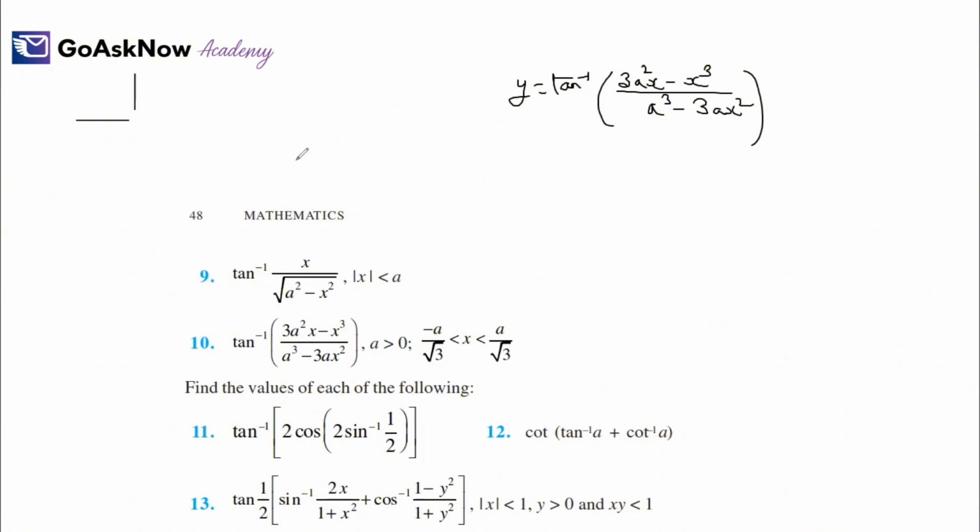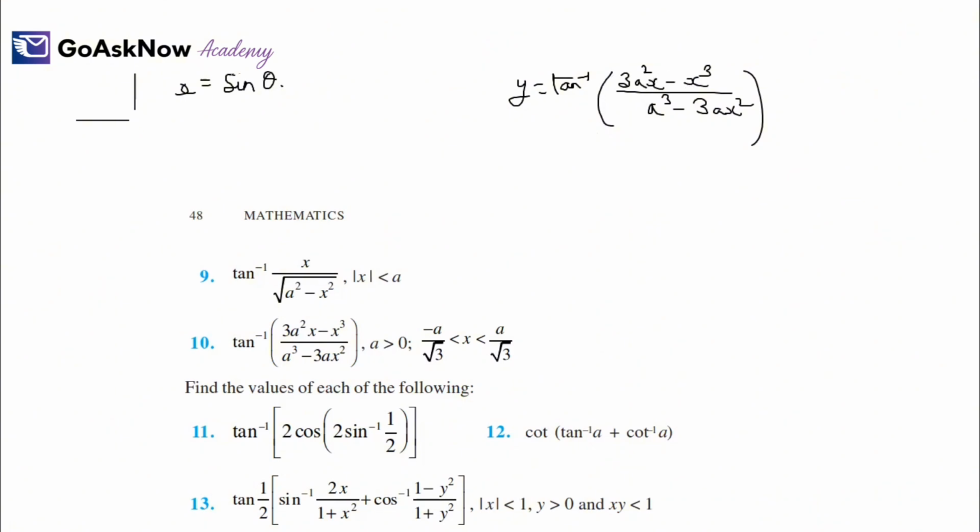So let's find out how it will be solved. I will substitute here x equal to a sin theta. So what will be the result of this?